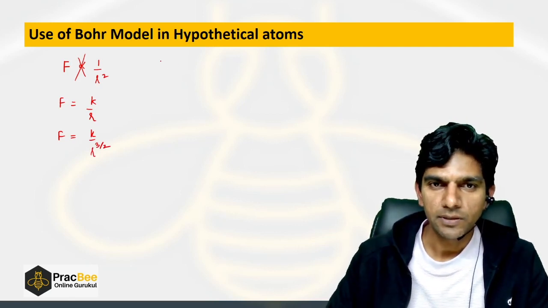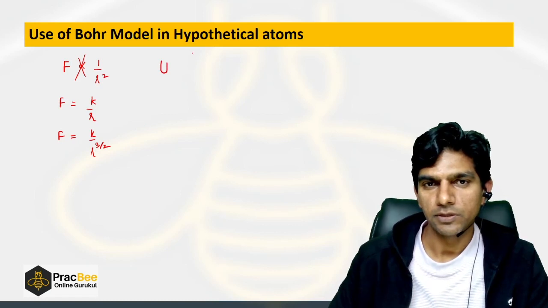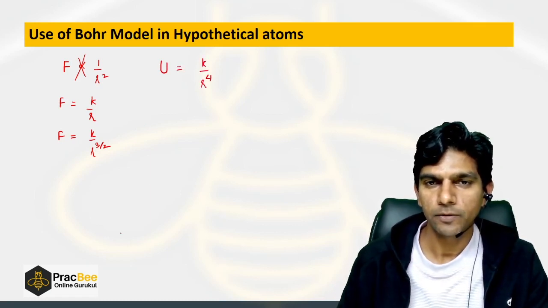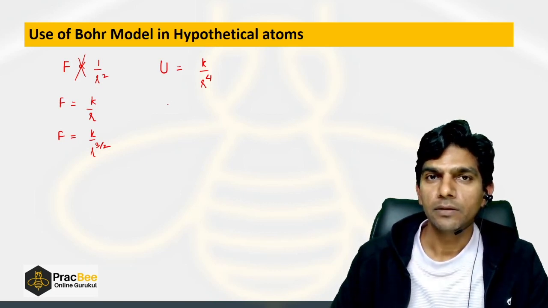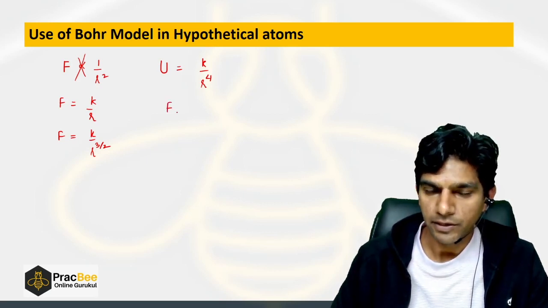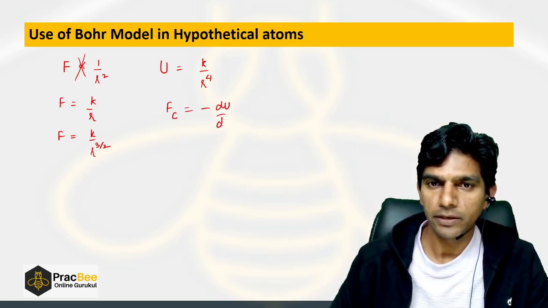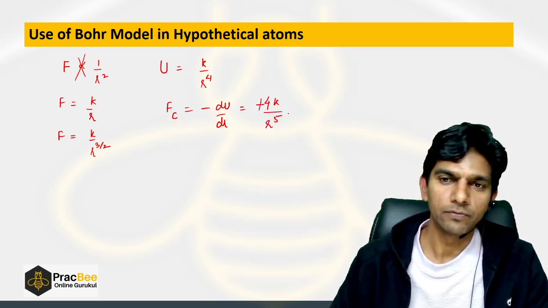Or sometimes the potential energy is given to us. So it will be given to you as, say, K by R raised to power 4. And then from U we can find the attraction force or the conservative force. It will be minus dU by dr. So from here we can find it as minus 4K by R raised to power 5.